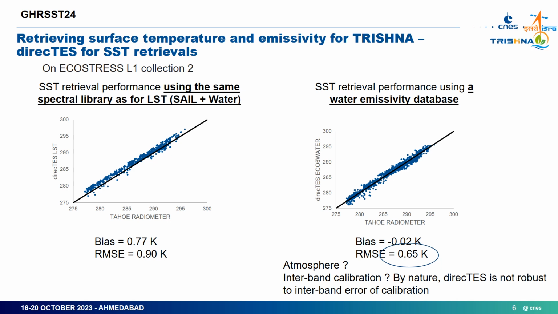When we used the complete spectral library for direct tests, the one we will use to retrieve the land surface temperature, direct test gave sea surface temperature with around 0.7 Kelvin bias and 0.9 Kelvin RMSE compared to Lake Tahoe temperature measurements. When we run direct tests with a water emissivity database, as we know we worked on water, we got no bias and an RMSE of 0.65 Kelvin.